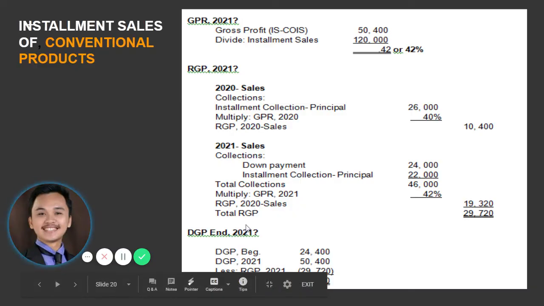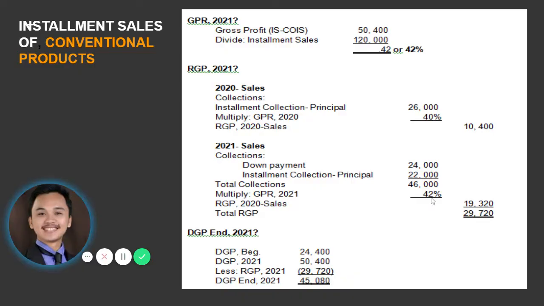And then, to compute for our deferred gross profit, so we have DGP end 2021. So naa tay DGP beginning. Asa gikan si DGP beginning? So that DGP beginning of 24,400, that is actually the DGP end for 2020. That is the deferred gross profit end for 2020. So refer to the computation earlier.